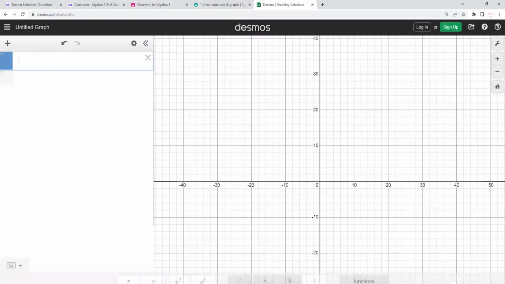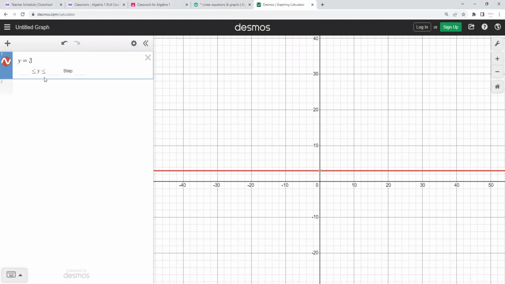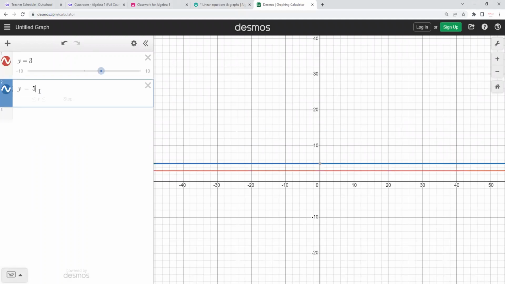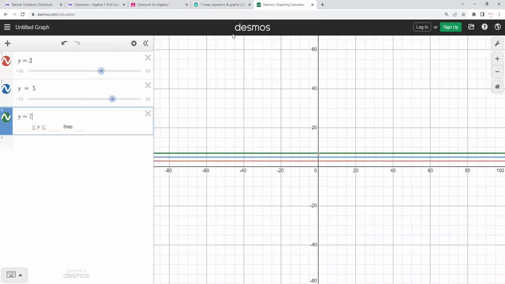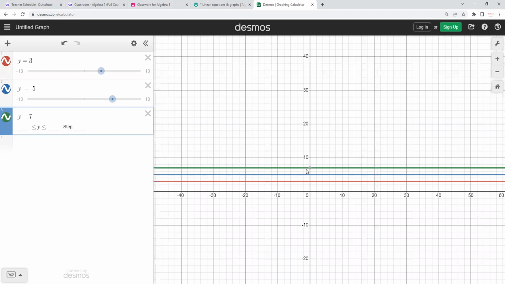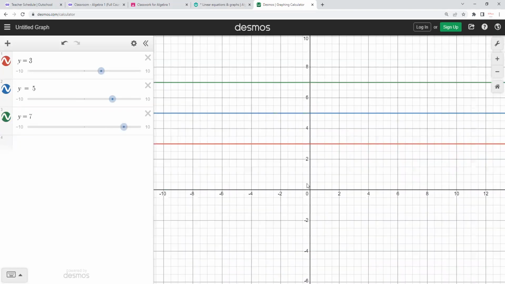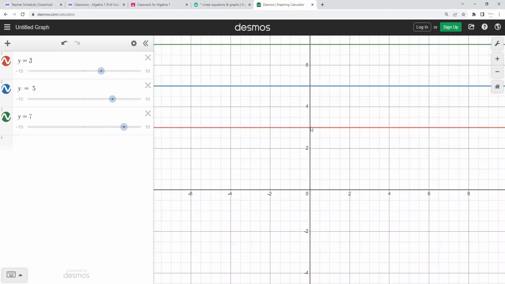When you're graphing on your coordinate plane here, anything that says y, like y equals 5, y equals 7, they're all horizontal lines, right? Because you go to your coordinate plane and you go to y, y equals 3, and you graph a horizontal line.